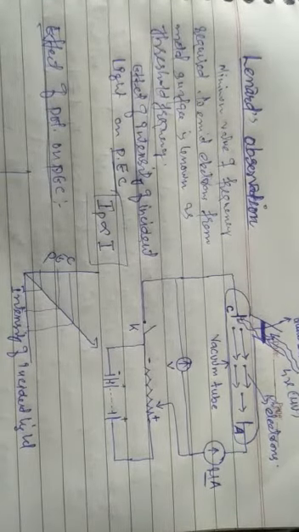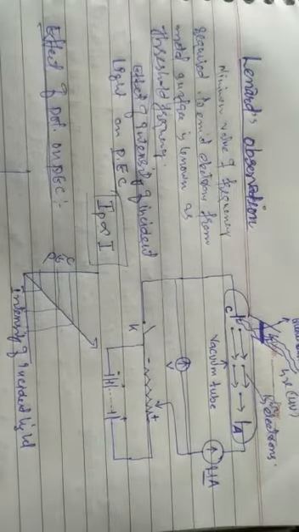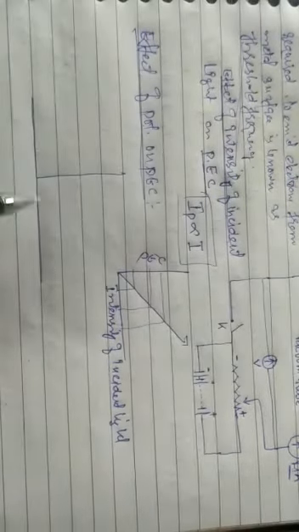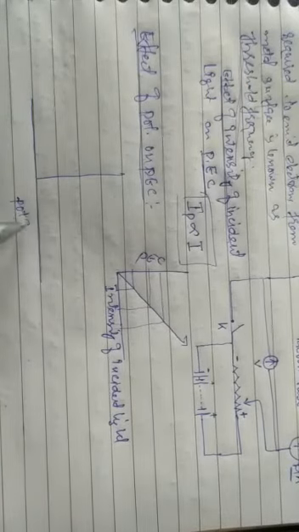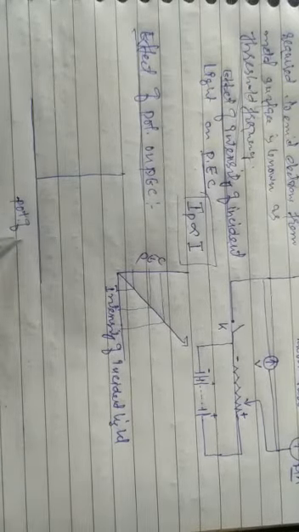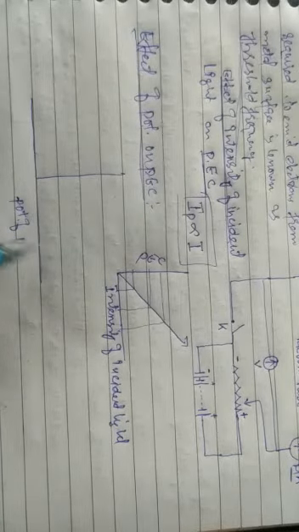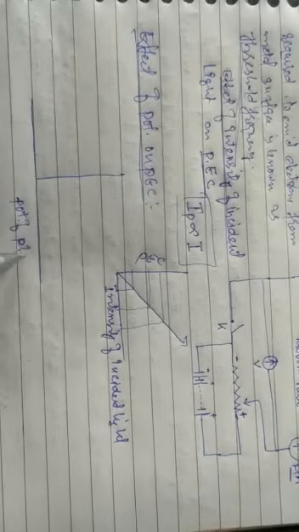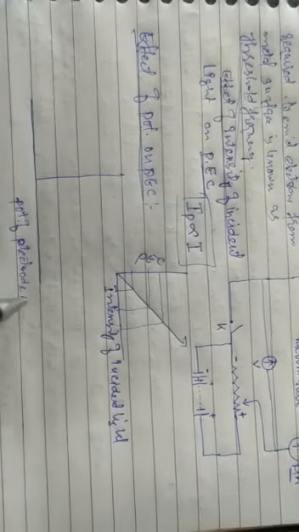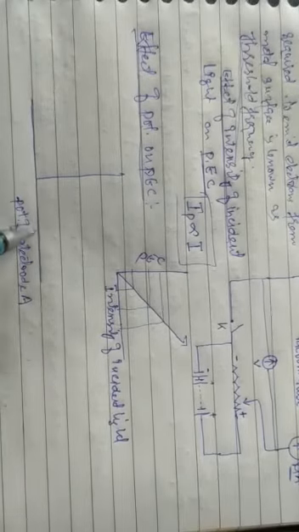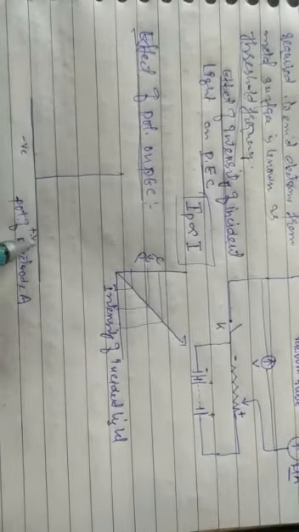So we will show this with a graph. Here we have the potential of electrode A. This is the positive potential, this is 0, and this is the negative potential.